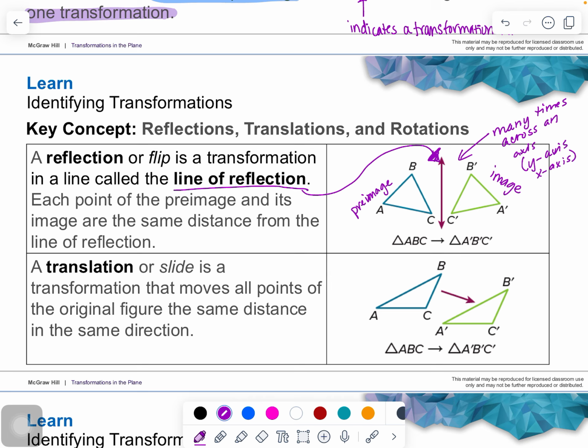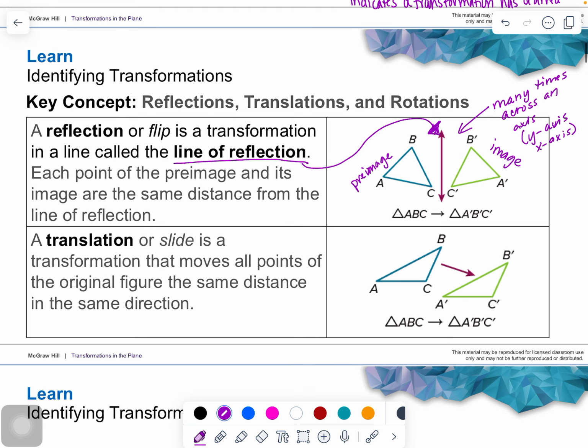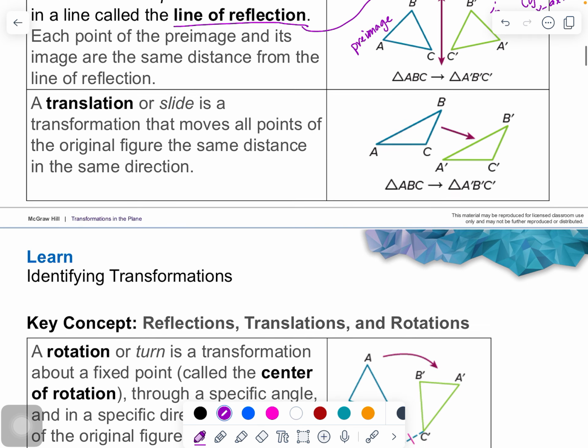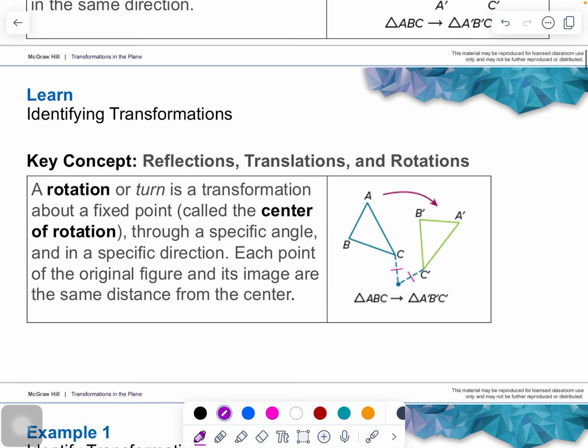A translation or slide is a transformation that moves all points of the original figure the same distance in the same direction. So it's sliding that figure. And a rotation or turn is a transformation about a fixed point.